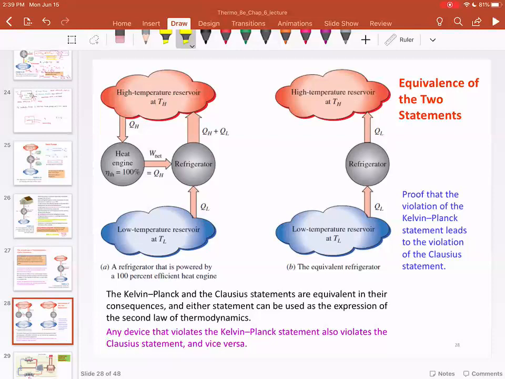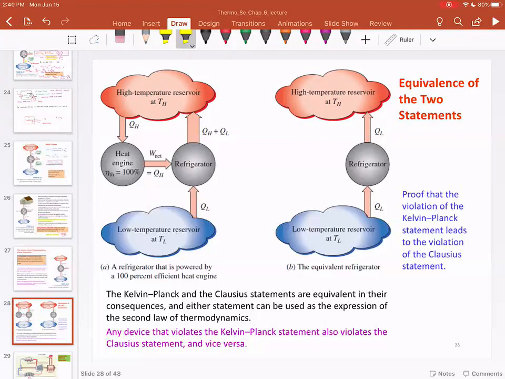Or you could consider a high temperature reservoir and a low temperature reservoir. Now, if you were to violate one statement, for example, let's violate the Kelvin-Planck statement, then that automatically violates the Clausius statement. Since violation of the Kelvin-Planck statement leads to violation of the Clausius statement, these two statements are considered to be equivalent. Now, how does this violation take place?